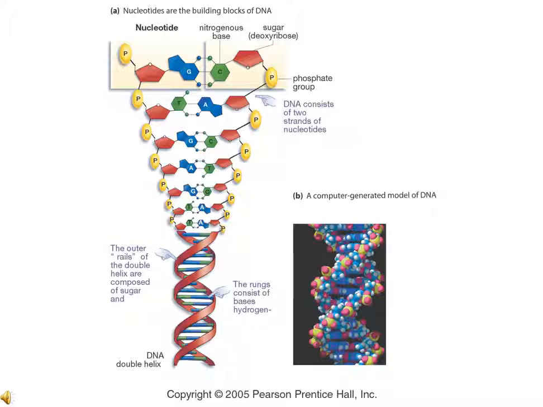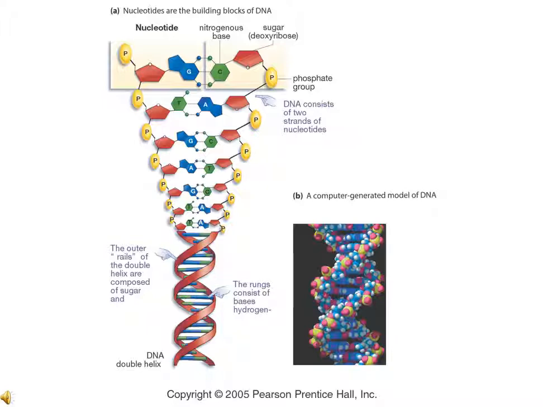This DNA molecule, as you can see, is a double-stranded structure, and each strand is made up of a phosphate, sugar, phosphate, sugar, phosphate, sugar backbone, held together in the middle by hydrogen bonds between cytosine and guanine, adenine and thymine.